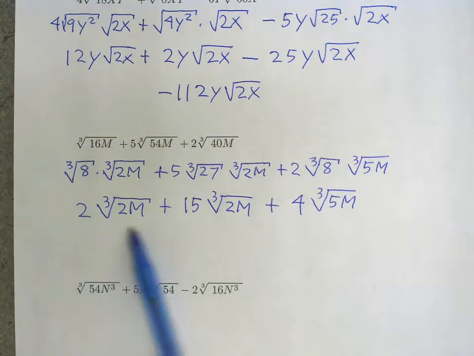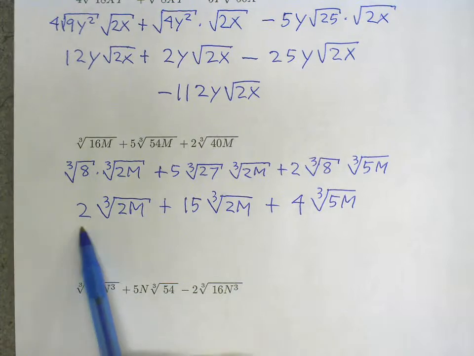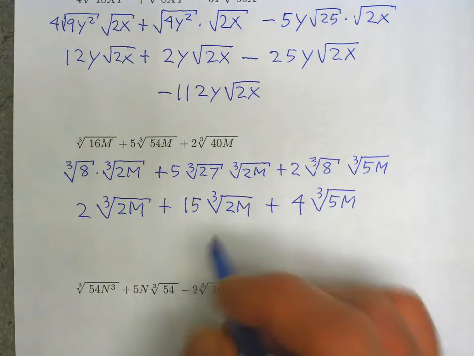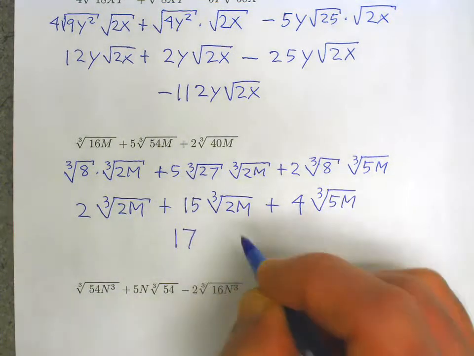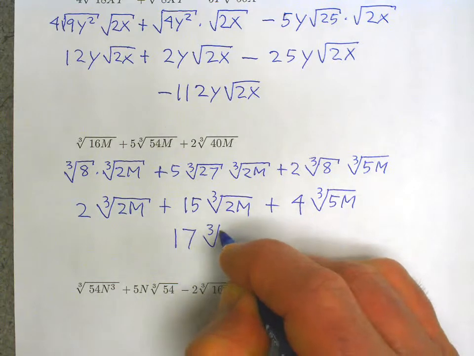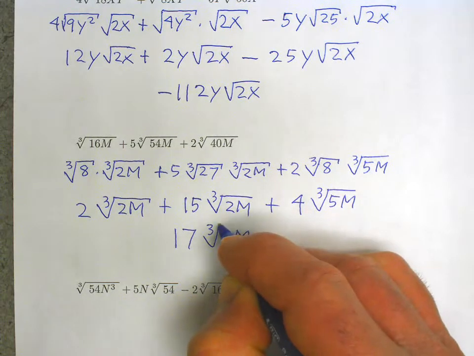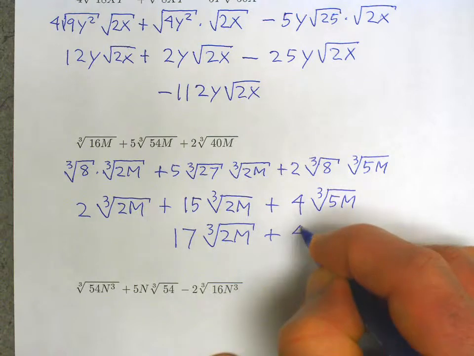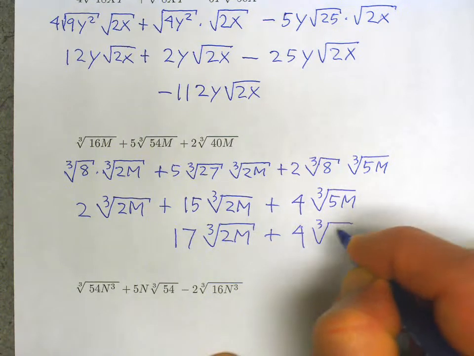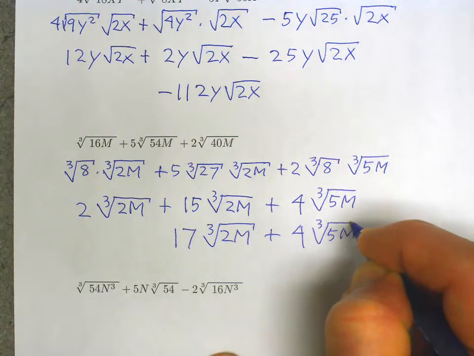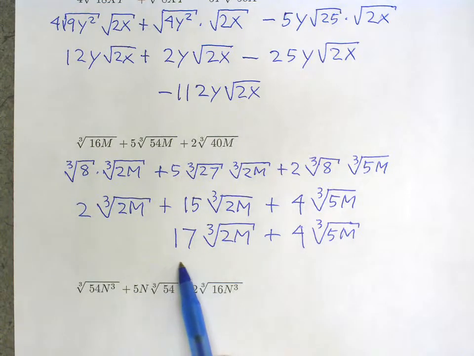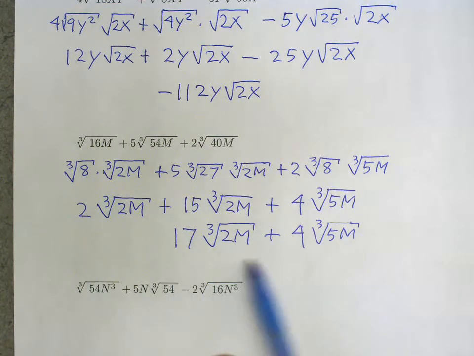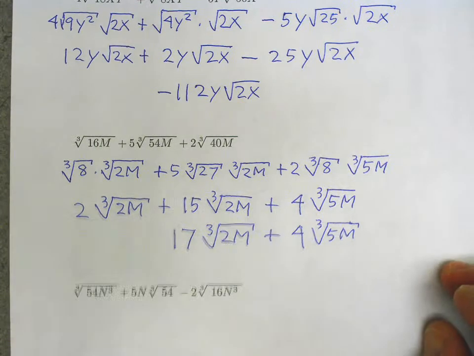When we combine the first 2, 2 of those plus 15 of the same, we have a total of 17 times the cubed root of 2m. And then over here on the right, 4 times the cubed root of 5m. This is as far as we can take it when simplifying, because the radicals are not like radicals.